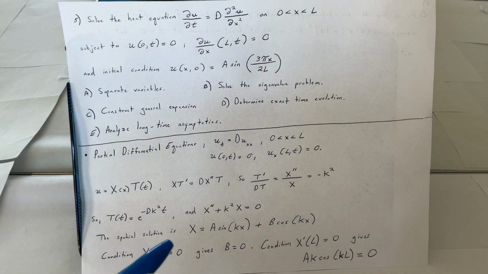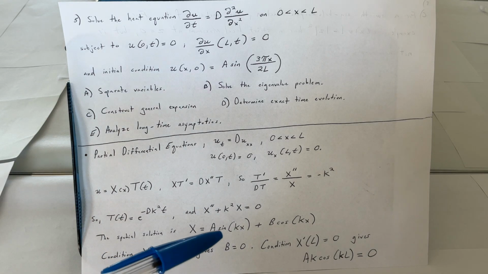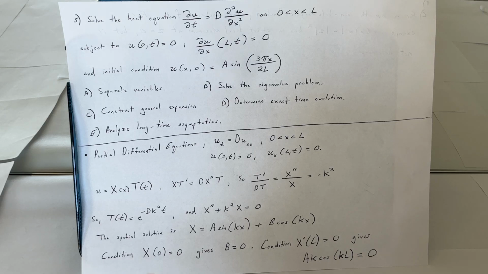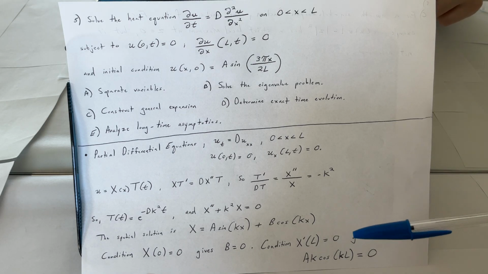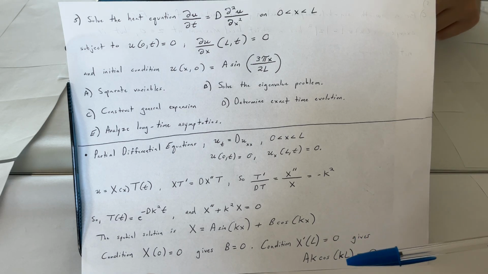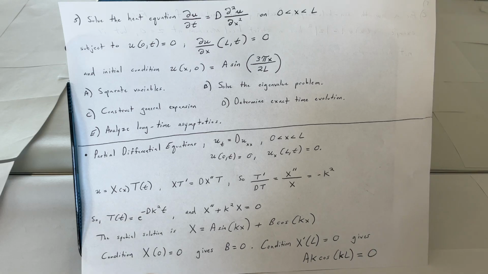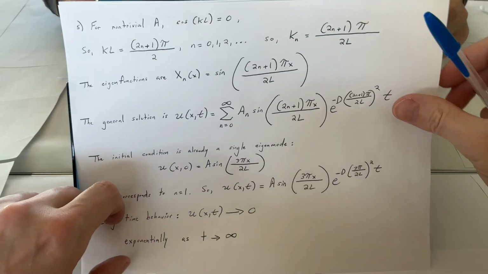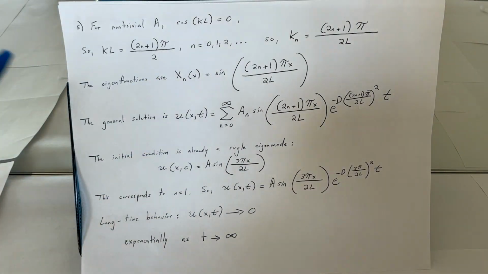So the spatial solution is X = A sin(kx) + B cos(kx). Our condition X(0) = 0 gives B = 0. And the condition X'(L) = 0 gives A k cos(kL) = 0. For non-trivial A, cos(kL) = 0.